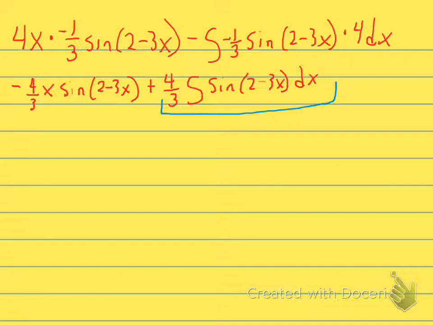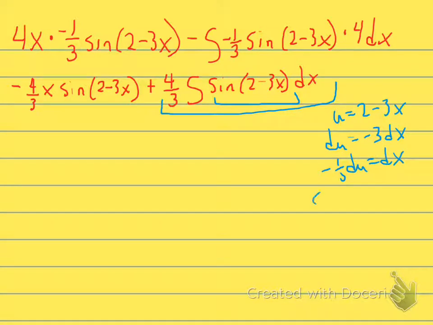Alright, so to do that, I'm going to need another substitution. So u will equal 2 minus 3x, du will equal negative 3 dx, so negative 1/3 du equals dx.